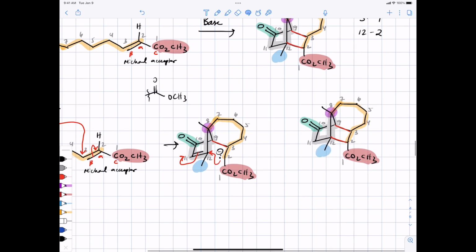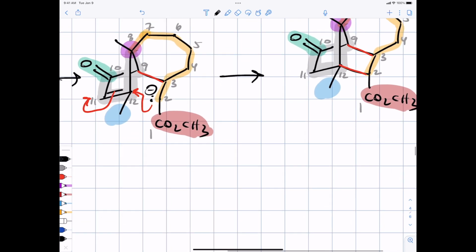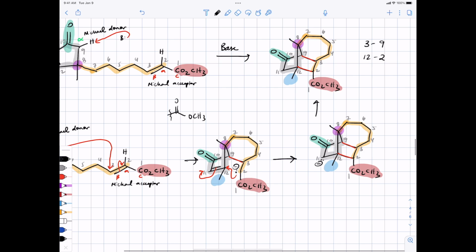It is hard to draw these, but at least conceptually, once you identify the pieces, what's going on is just a Michael reaction. Okay. That was a challenge.